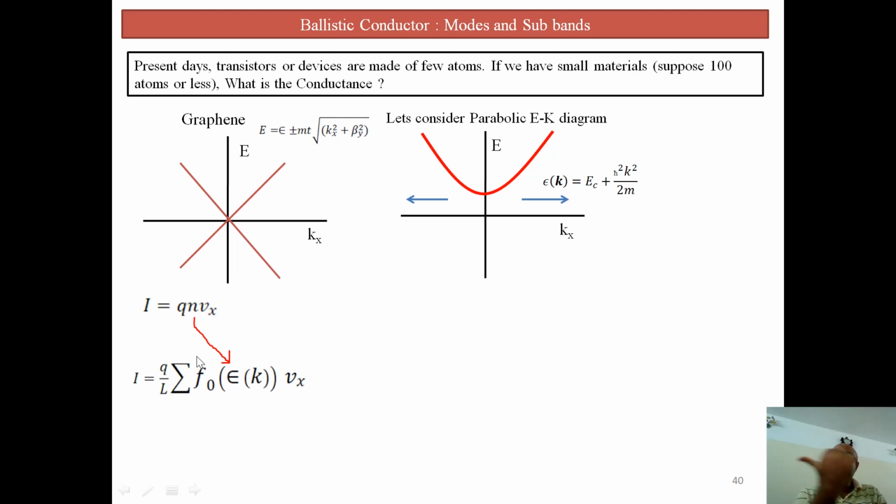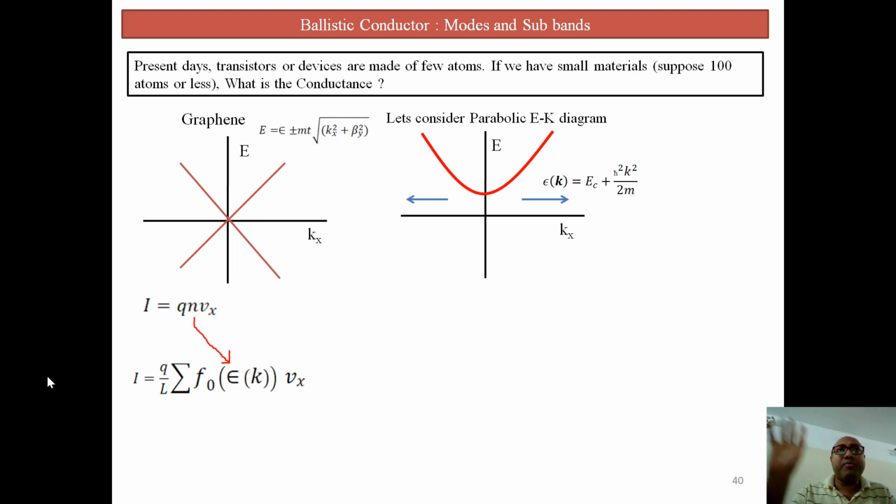Suppose my electron is in ballistic transport or any transport, and suppose it is one-dimensional, with the electron starting from here and reaching there in a simple one direction, like the x direction. I consider this my length L, from point A to point B. Since we need the density and it is one-dimensional movement, it is the number of electrons divided by L. If it is two-dimensional, it is the number of electrons divided by area.